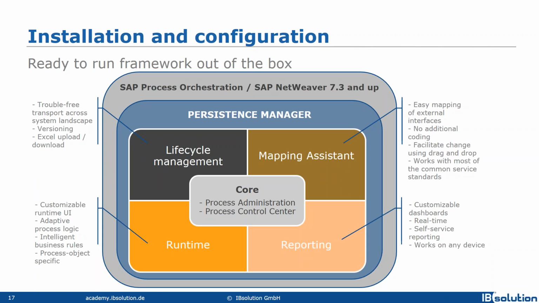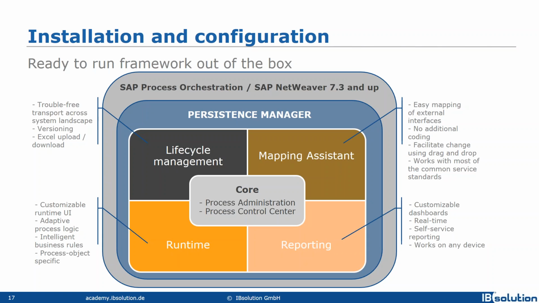So this means there's one runtime for each of the processes which you would like to run, because each of the different processes has different requirements. What doesn't change for any of the processes, of course, would be the core. Everything else around is dependent on the process you would like to run.